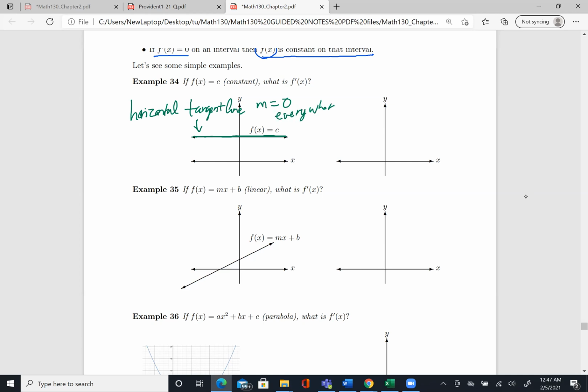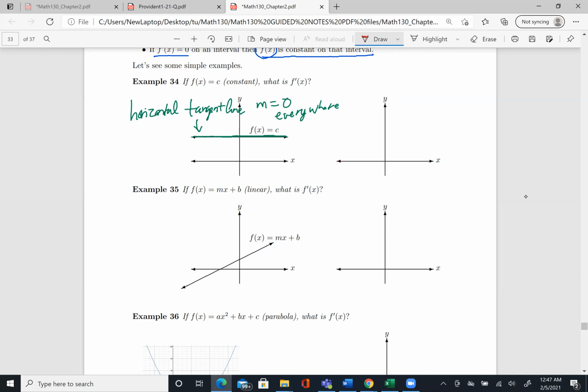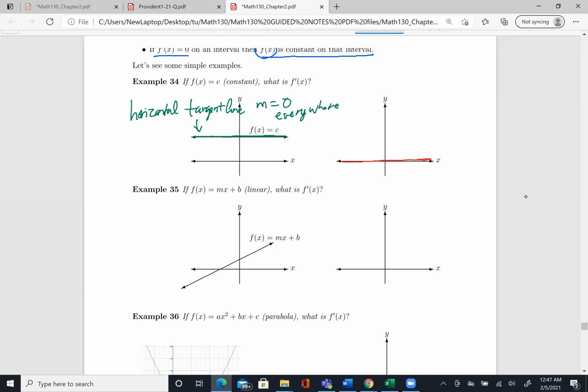So that means the graph of f'(x) has to be exactly the x-axis. Here f'(x) equals 0, which is also the line y equals 0, on the x-axis.